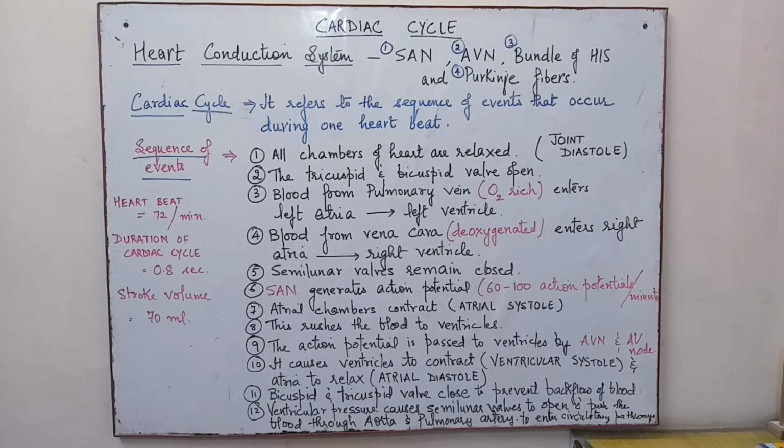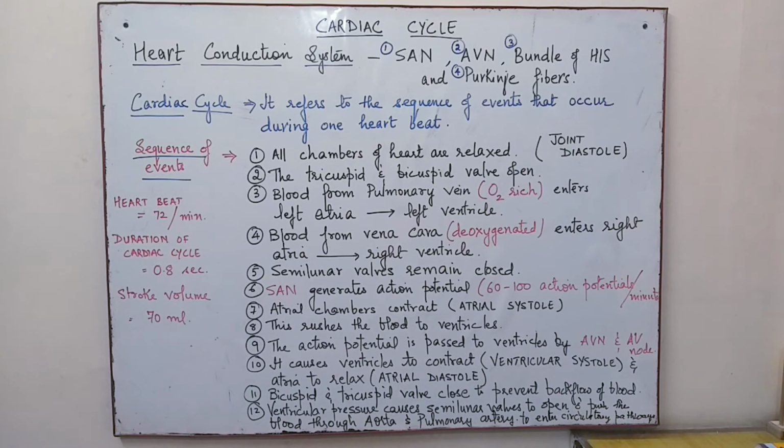At the same time, the action potential generated by the SAN passes to the atrioventricular node, the bundle of His and the Purkinje fibers. This action potential causes the ventricles to contract, which is known as ventricular systole.